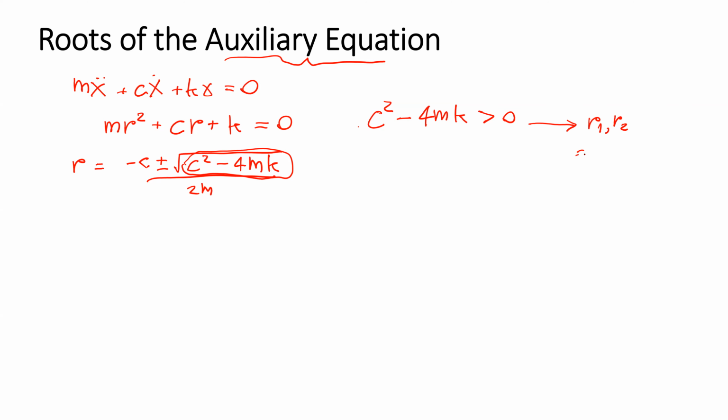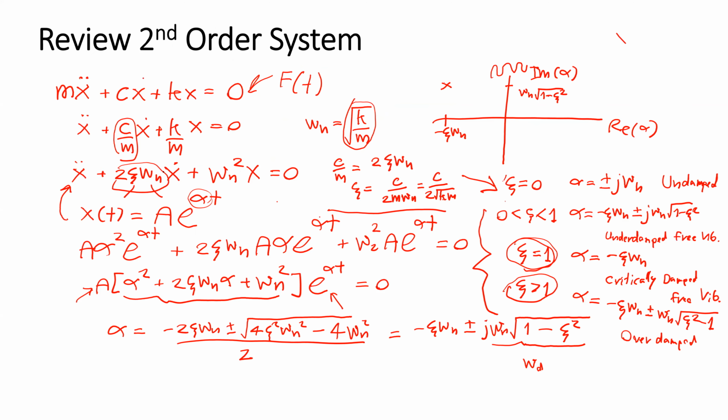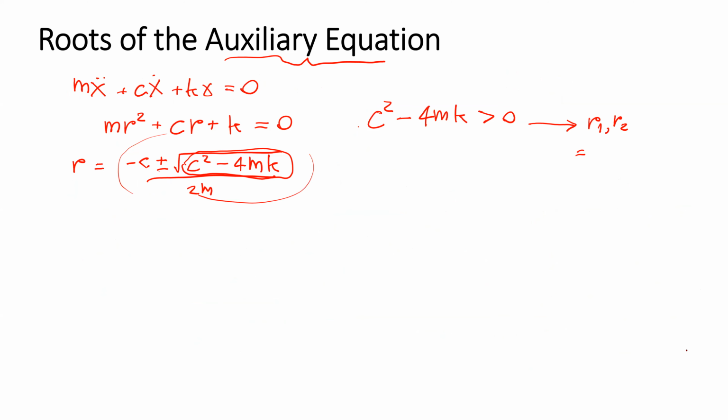R1 we use the plus, R2 we use the minus. If the equation has two real roots, it is an overdamped system.